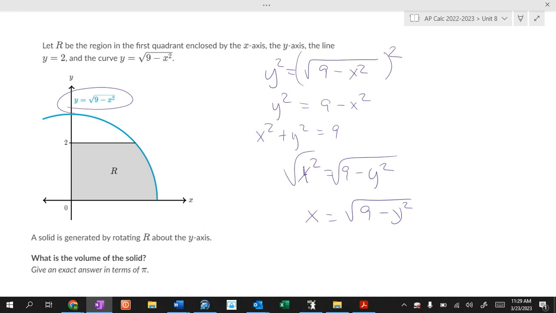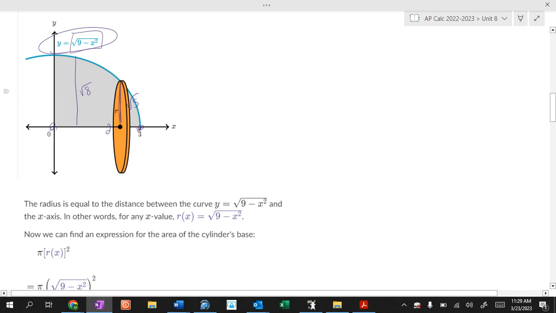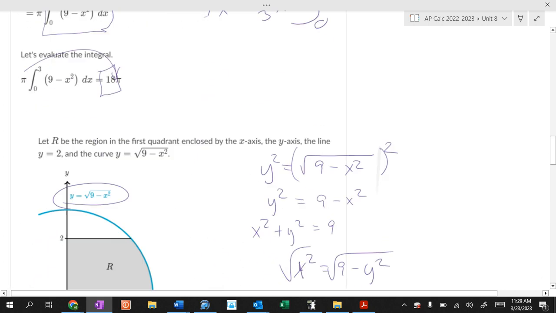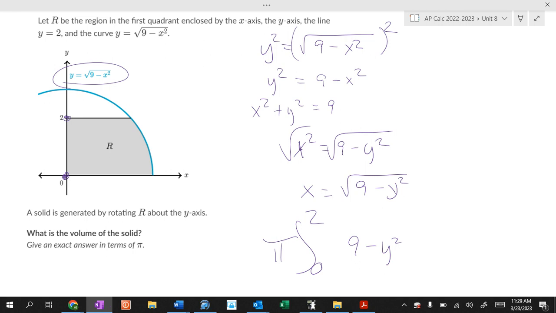To give the exact volume, on the last one we went from 0 to 3 along the x-axis. Here we're going from 0 to 2 on the y-axis. So we integrate, with the pi on the outside, from 0 to 2 of pi r squared, so 9 minus y squared, the square root of it squared, which gets rid of the root, dy.